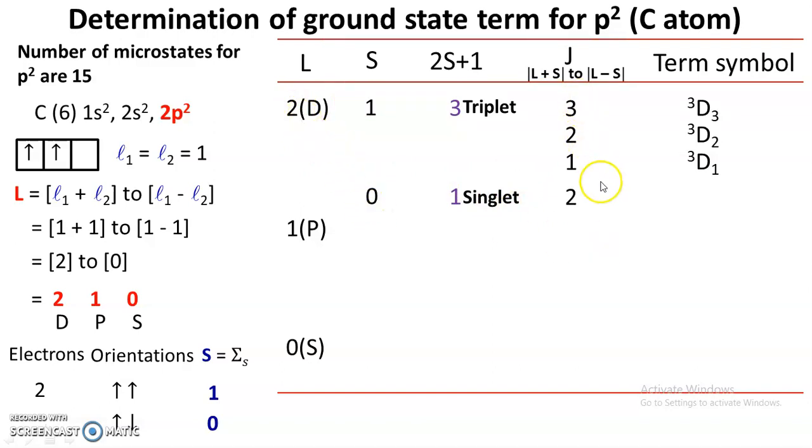So only one J value is possible for this coupling, L equal to 2 and S equal to 0, and that is J equal to 2.